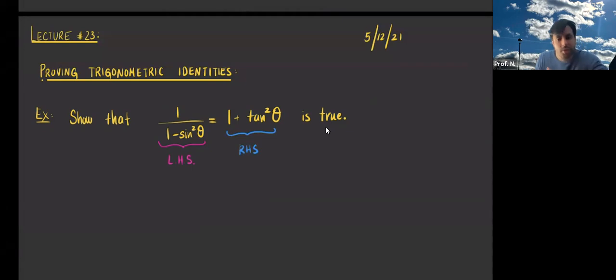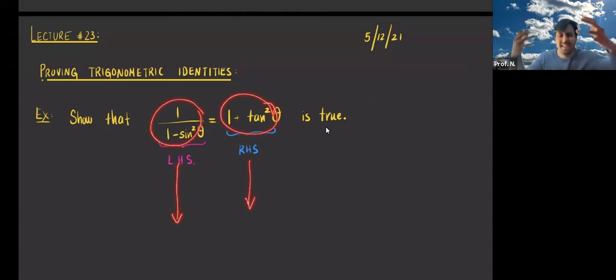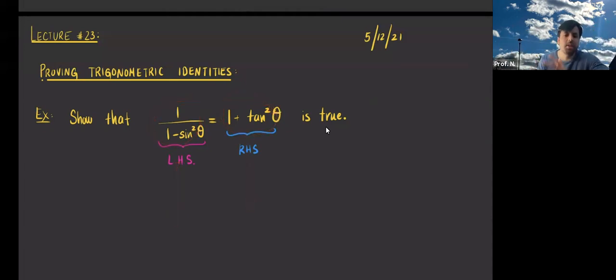So either we start with the right-hand side and do algebra to get to the left-hand side, or we start from the left-hand side and apply some algebra steps to get to the right-hand side, or we show that we can simplify both, and we get the same thing when we simplify. So either or. Sometimes one way is easier than the other.